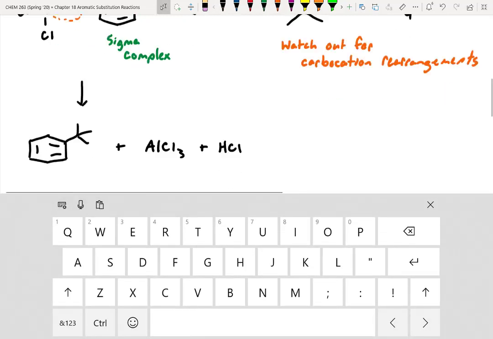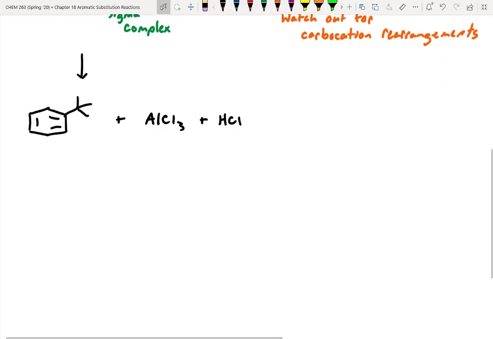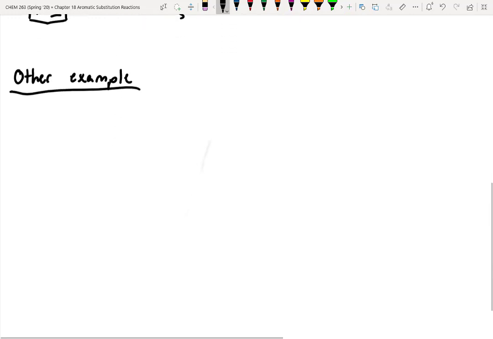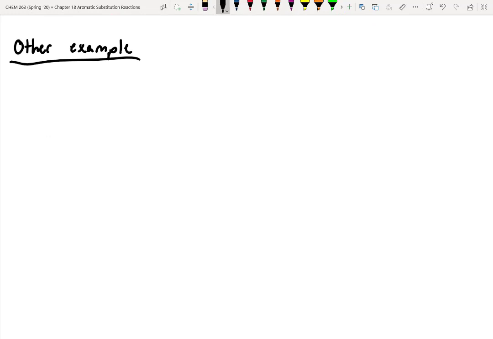All right, so this reaction is pretty neat. It's pretty useful. Another cool thing is that you can do this with alcohols. So let's take a look at another example. Let's say we do this reaction with benzene, and we use tert-butanol, and we use concentrated H2SO4.